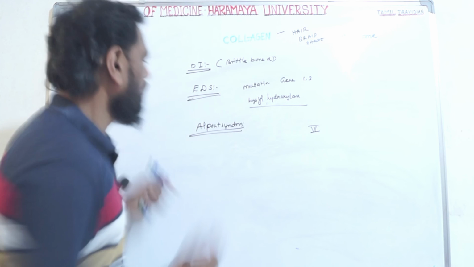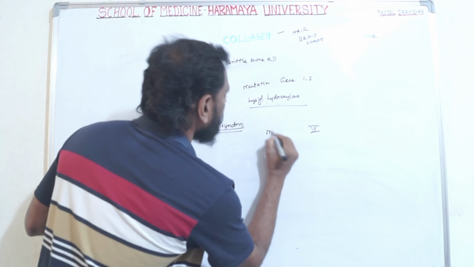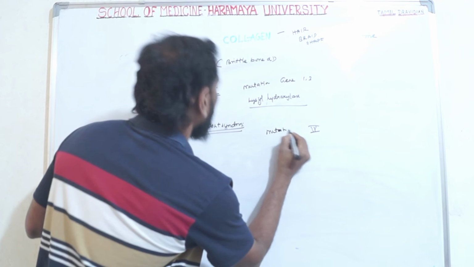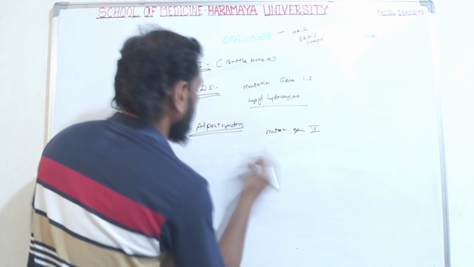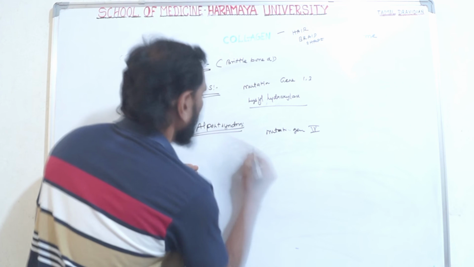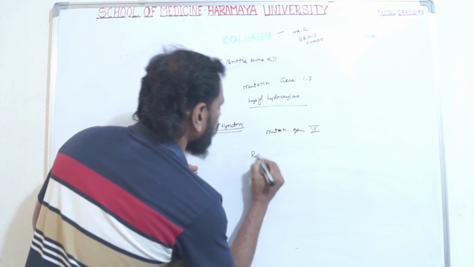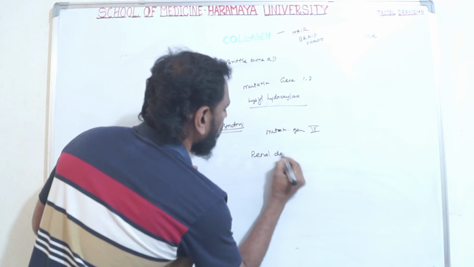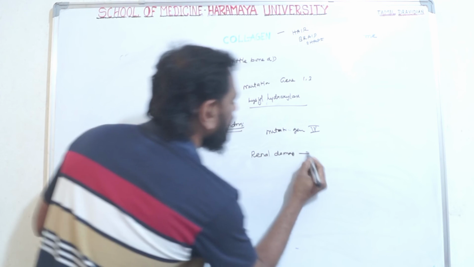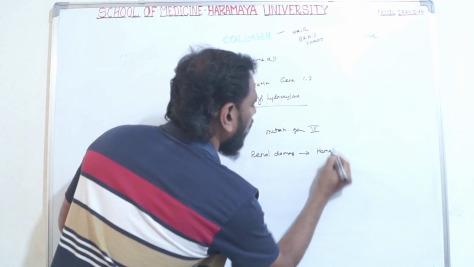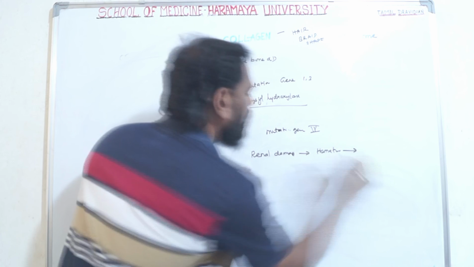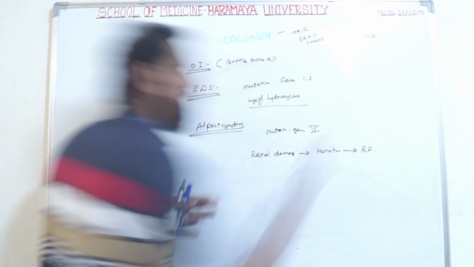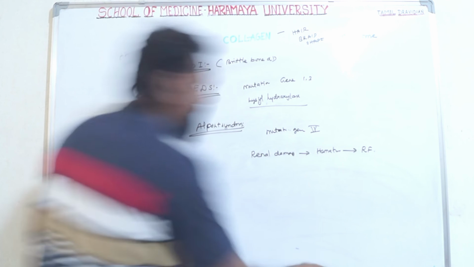Type 4 means the basal lamina. Then what will happen? It mainly affects our kidney, starting with renal damage. If there is more renal damage, it can lead to hematuria. If it is continuous hematuria, then finally you can get renal failure. So that is called Alport syndrome.